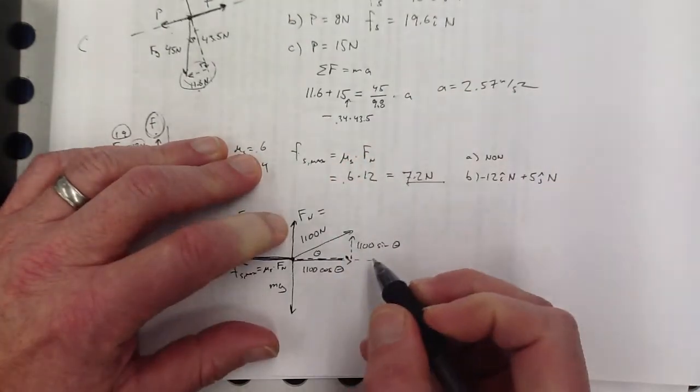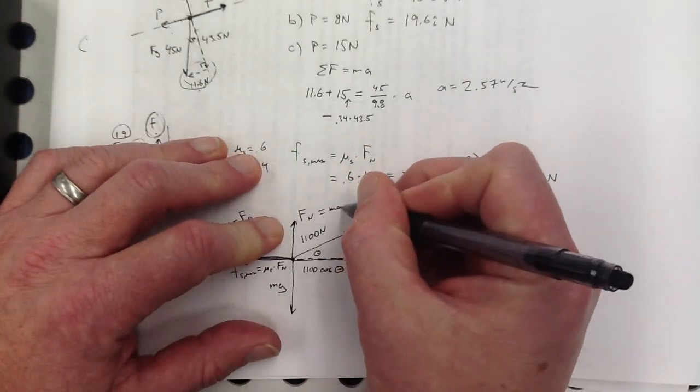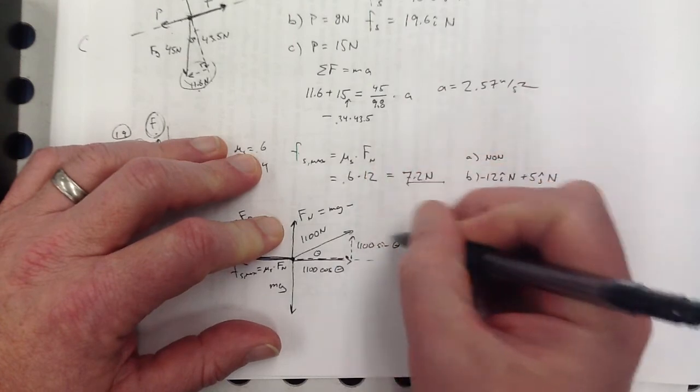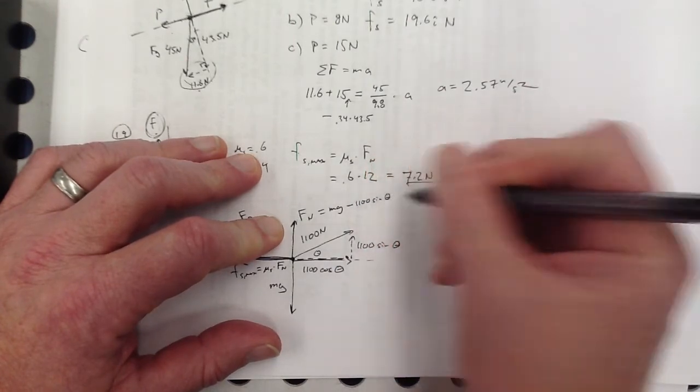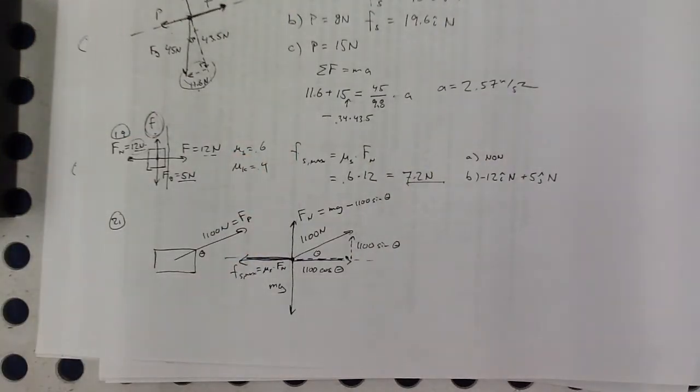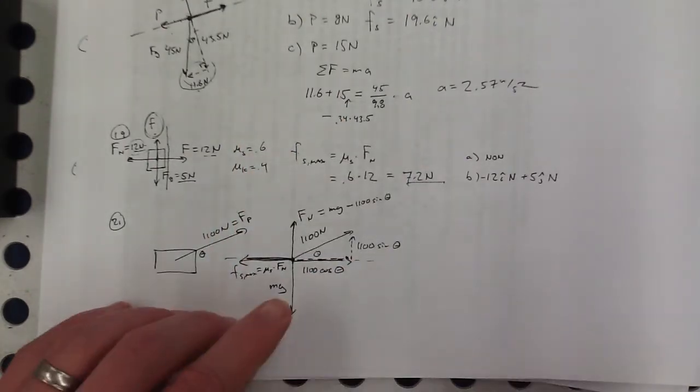So that would be mg minus 1100 sine theta.